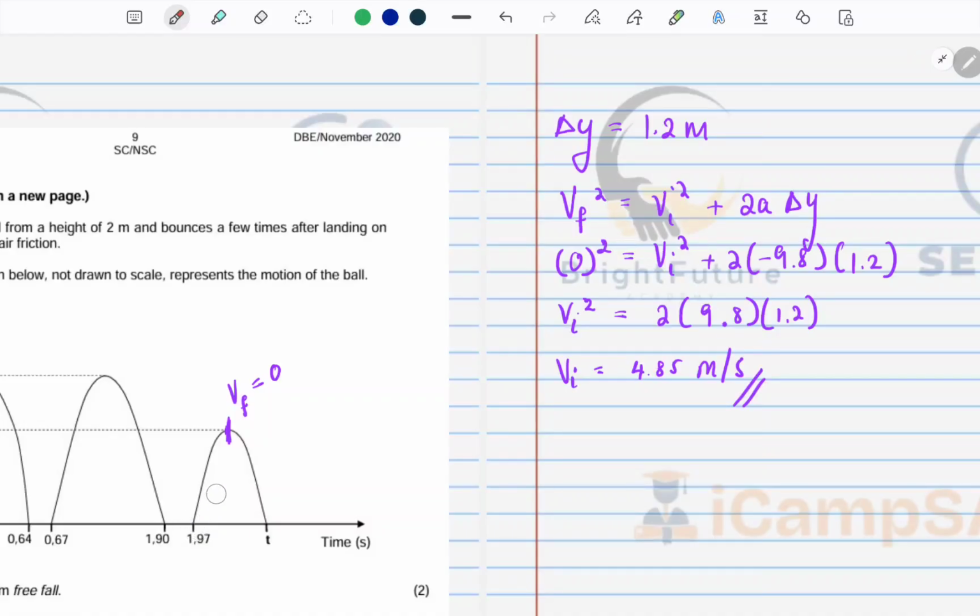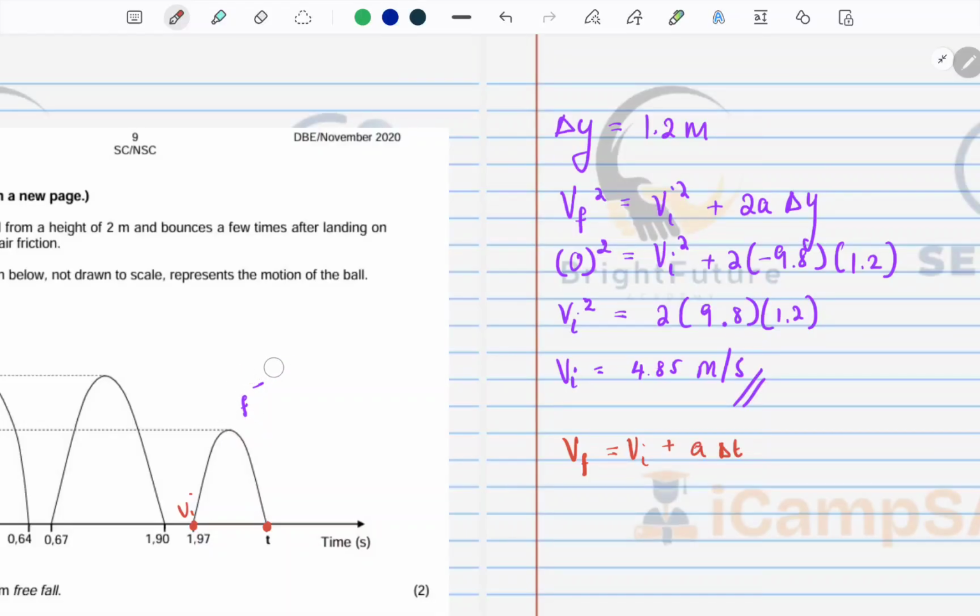The formula that I'm going to use here is this one, where VF is equal to VI plus a delta t. Why am I using this? Because we don't have VF, we only have VI here. In this case we're going to have to use this point and this point here, right?